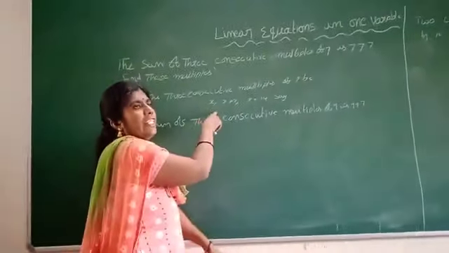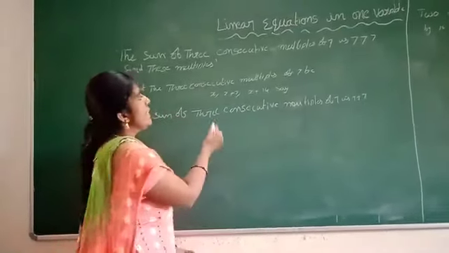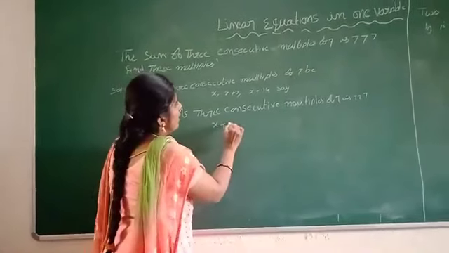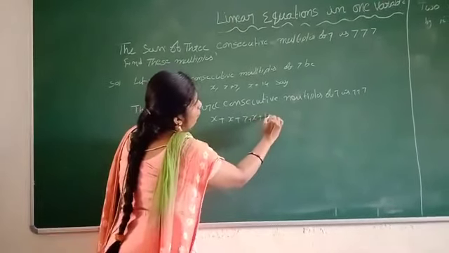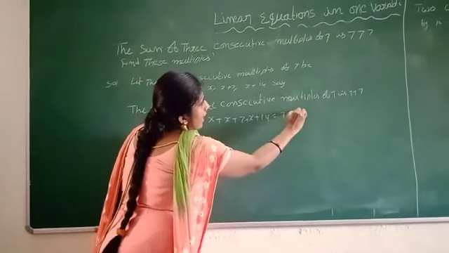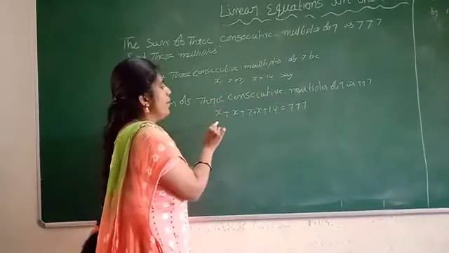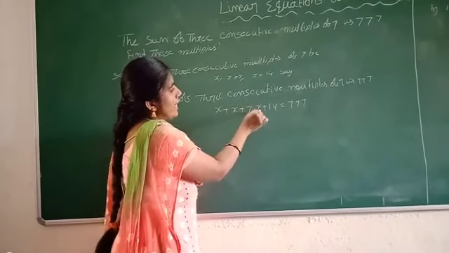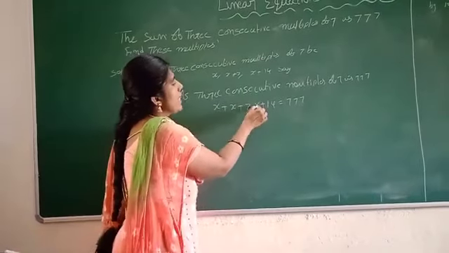The addition of the three multiples gives 777: x plus x plus 7 plus x plus 14 equal to 777. First, add the variables x. How many x? x plus x is 2x, 2x plus x is 3x.